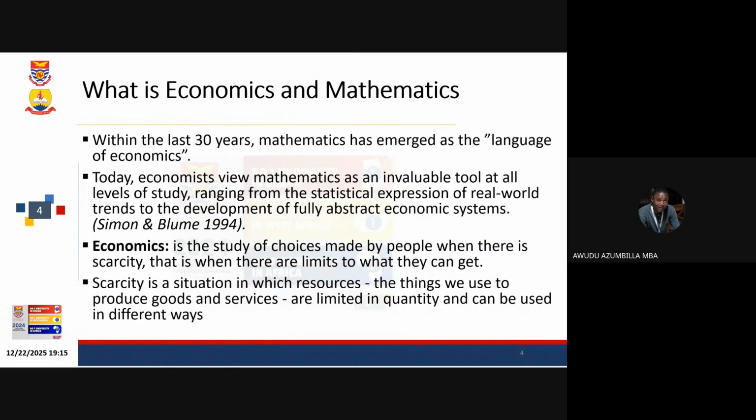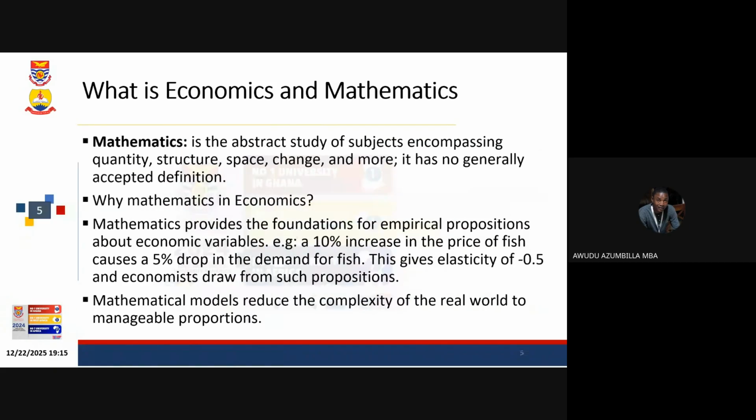So scarcity is a situation in which the things we use to produce goods and services to satisfy our wants are limited in terms of quantity, in terms of magnitude. Basically, scarcity is about limited resources. And economics exists because we need to merge these limited resources, this scarcity, with the unlimited things that we want to satisfy.